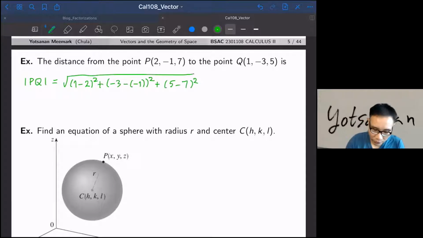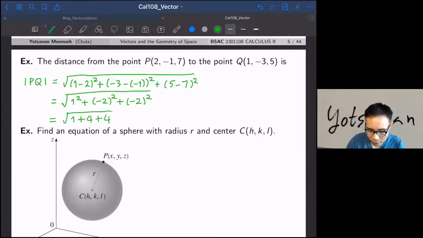Okay, and you see that this turned out to be 1 squared plus negative 2 squared plus negative 2 squared as well. And then you see that this one will be 1 plus 4 plus 4. So it's going to be square root of 9 equal to 3. So you see that the distance from P to Q turned out to be equal to 3 in this case.